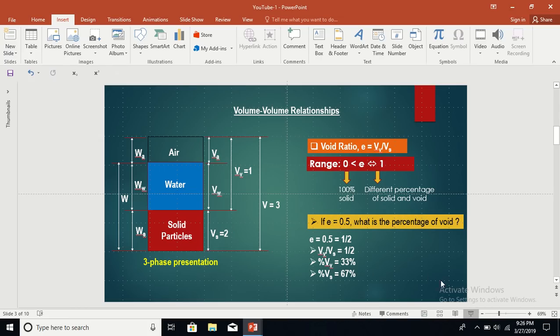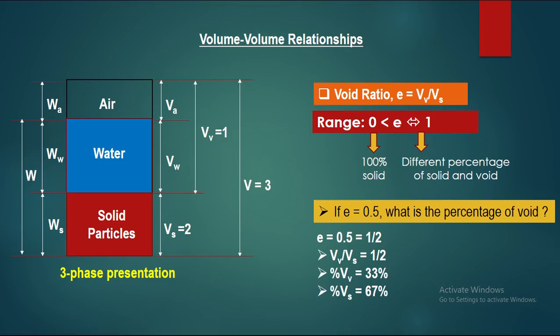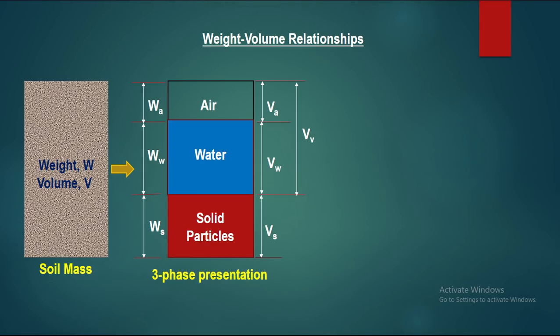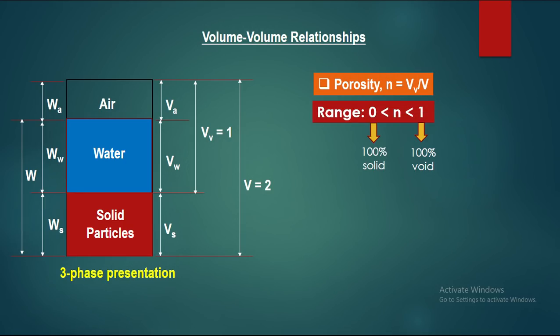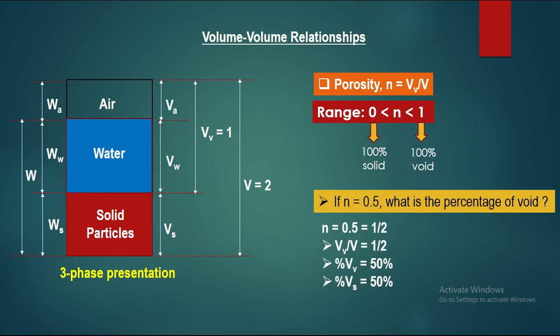In the earlier one, if you go back to the previous slide, for n equal to 0.5, the percentage of void volume was 50% and the percentage of solid volume was also 50%. But when the void ratio is 0.5, the volume of void is 33% and the volume of solid is 67%.